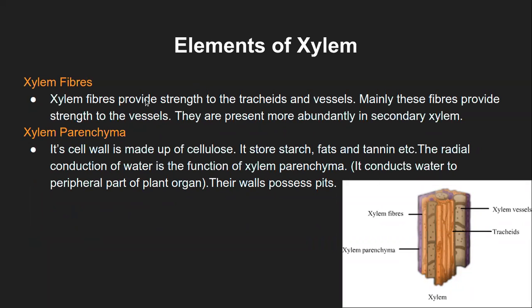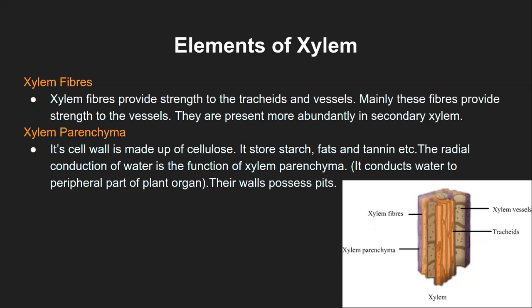And the fibers were just the supporting structure around these tracheids and vessels, and the xylem parenchyma was more responsible for the storage of certain materials, including starch, fats, and tannins, and also responsible for radial conduction of water. There always has been a tricky question asked around this: which xylem component is responsible for radial conduction?